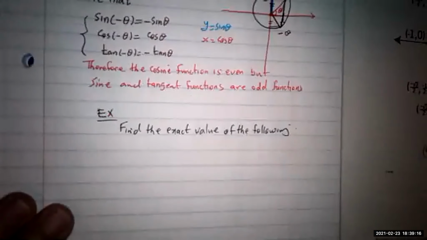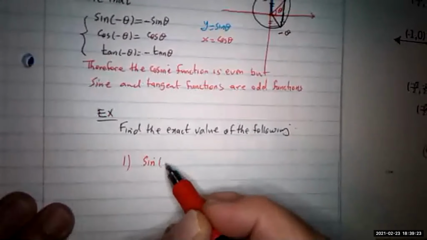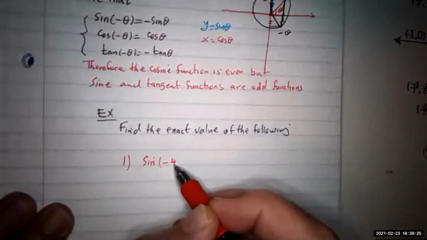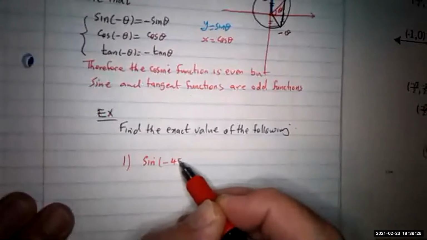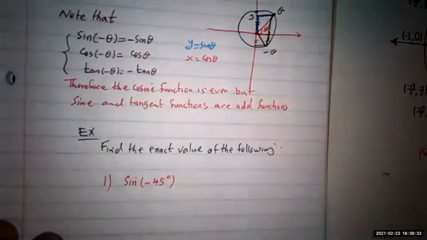If you're asked, for example, what is the sine of negative 45 degrees, just think about the picture that you have. It's up and down, the sine on the y-axis.